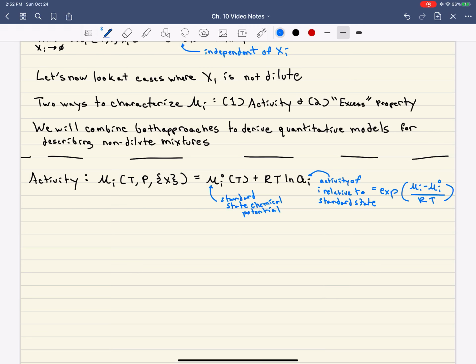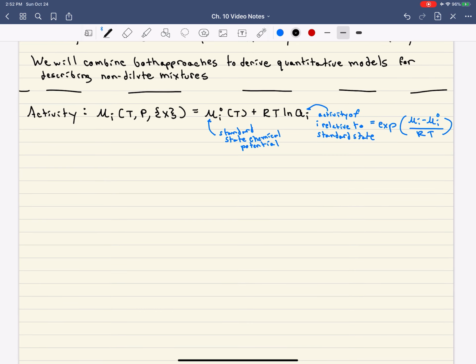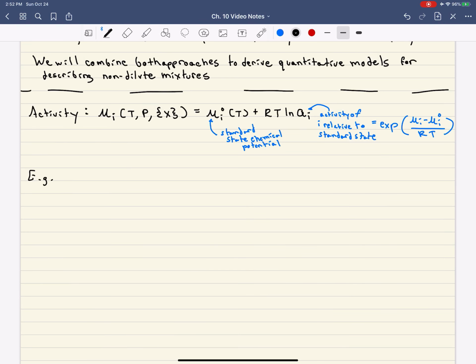Okay. All right, and so we sort of actually used this activity approach already, even when we were talking about dilute solutions. Because, for instance, when we talked about the ideal gas mixture, we said that mu sub i was equal to some molar Gibbs energy of species i plus RT ln of Pi over Pref.